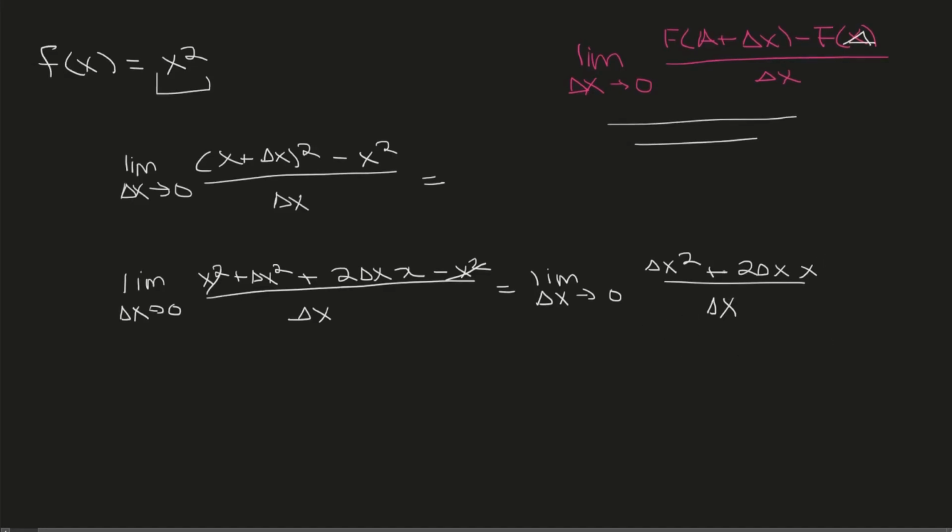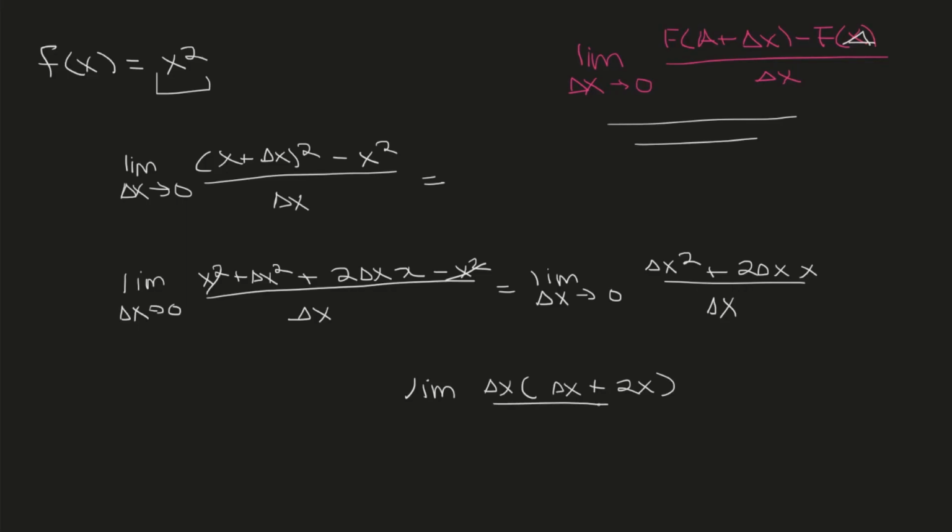And let's factor out a delta x from the top. So the limit as delta x approaches 0 of delta x times delta x plus 2x all over another delta x.